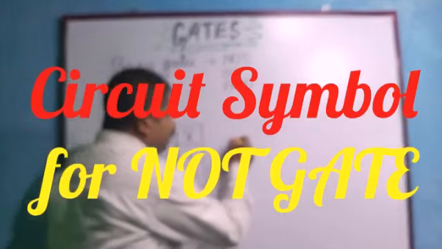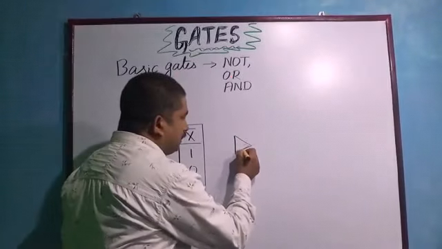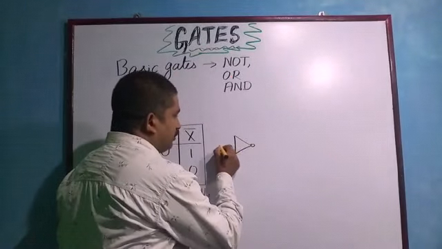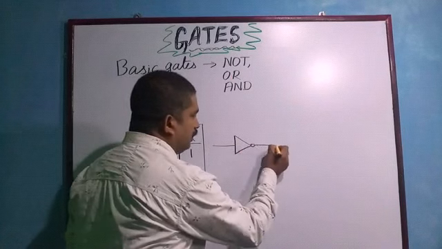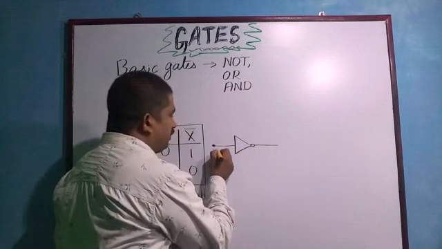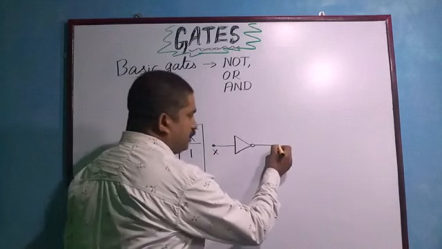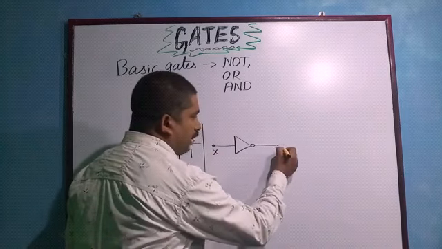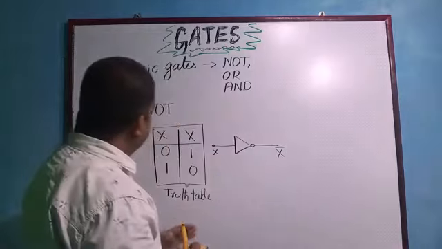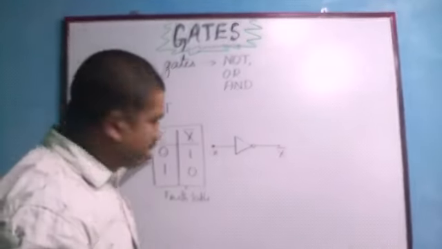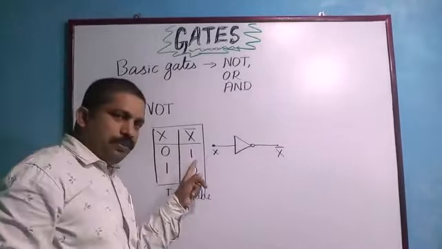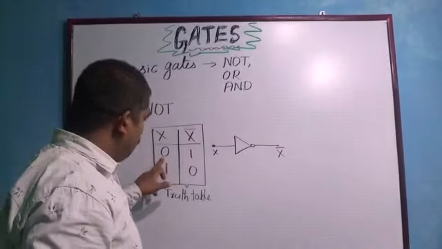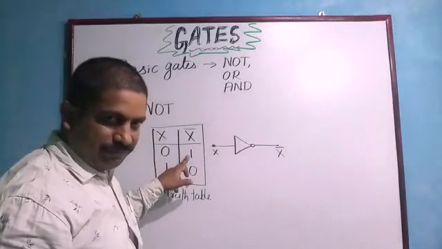And its circuit symbol is given like this. You have to draw a small triangle and a circle. If this is the input X, this will be the output X complement. The NOT gate is called an inverter because the output is always opposite to the input signal. For example, if this is boy, then not boy is girl.